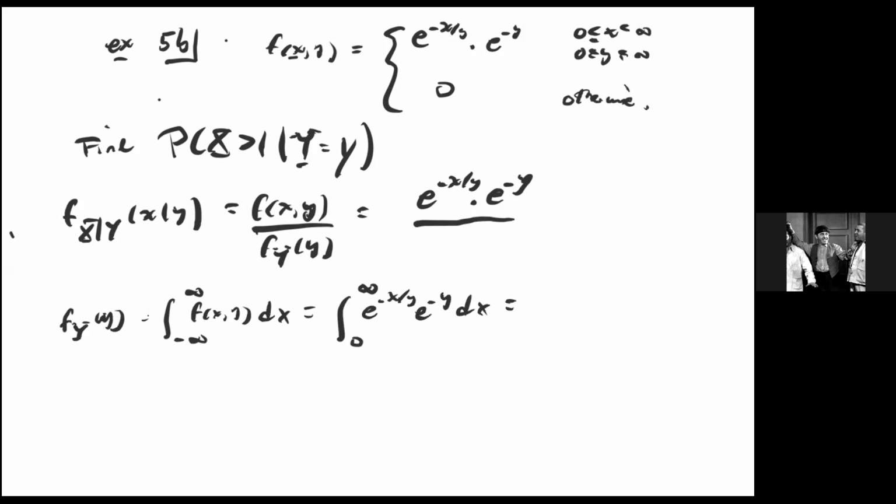Well, the antiderivative, you can check with respect to x, is e to the minus x over y with a negative sign in front of it. That's because if you differentiate this last thing I wrote with respect to x, you get the integrand. So that's cool. Oh, and we have to evaluate this from 0 to infinity.